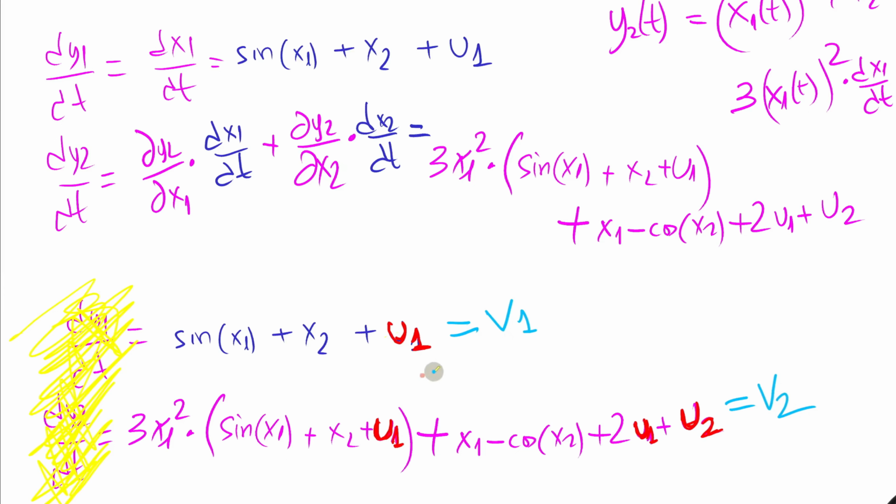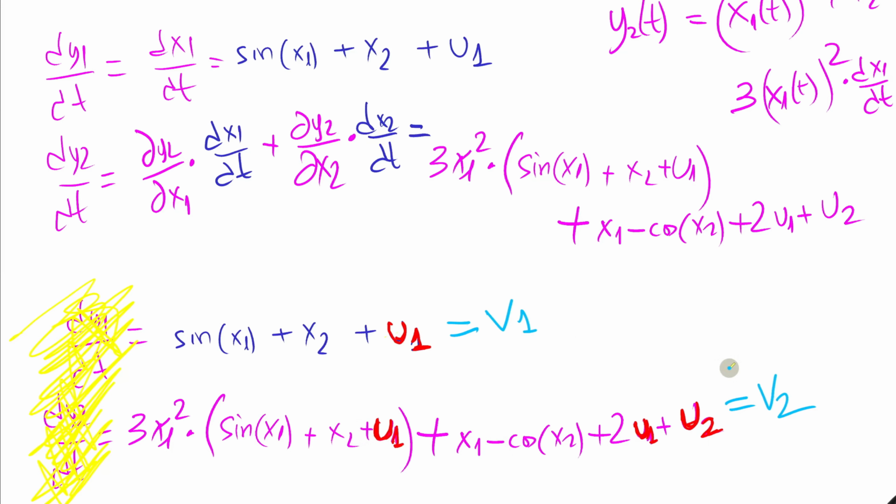Now we simply say, imagine that we can equate the derivative of y1, i.e. this expression, to some artificial dummy variable v1, and imagine that the second expression can be equated to v2. Then we ask ourselves whether we can solve for u1 and u2 so that these two equalities do hold.